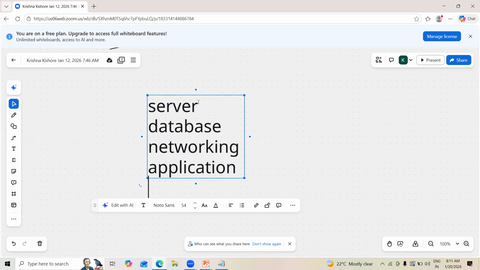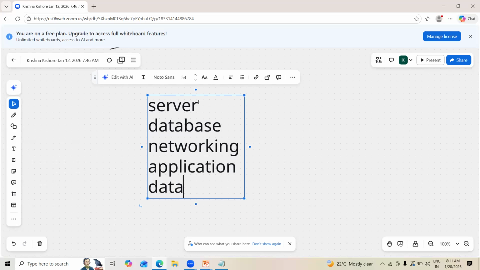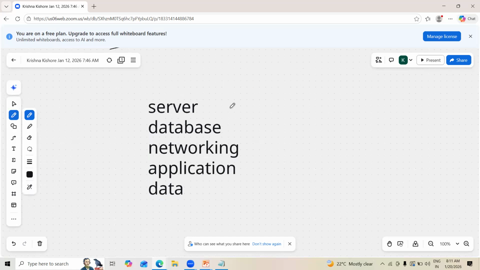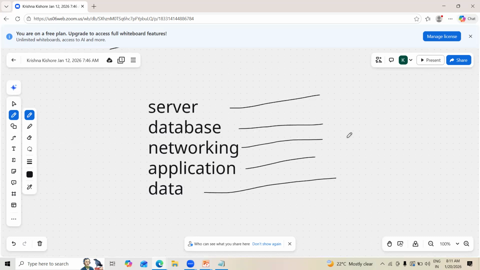Data also comes under one of the key roles. How you are maintaining your data, your servers, your databases, your applications, all these things are internally connected to the network.